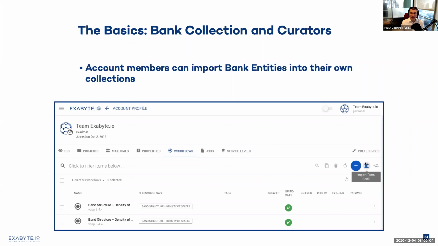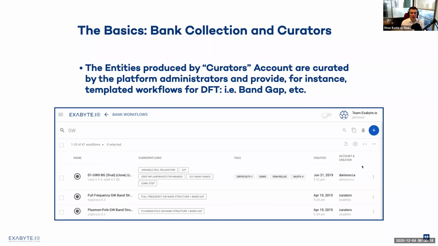The bank collections can be accessed by using the import from bank action inside the top level tools in the Explorer. And we endorse the use of entries in the bank created by the curator's account, because this account contains a well-curated set of entries that come from exabyte-io.